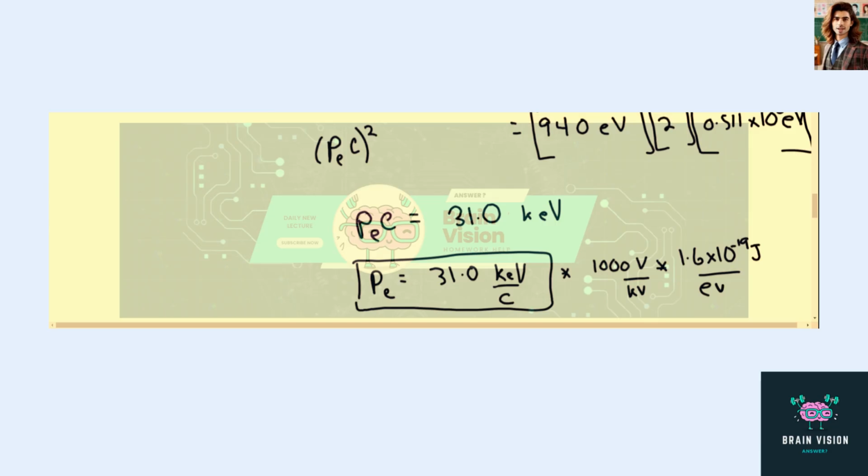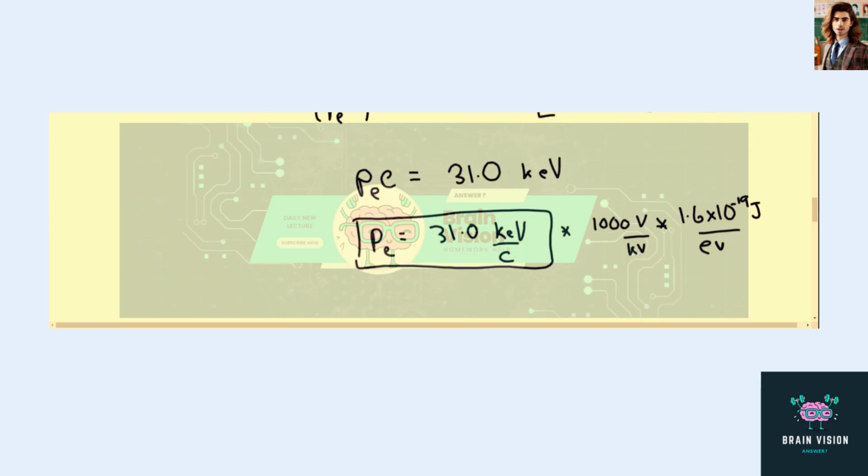Then we could convert c, which is 2.99 times 10 to the 8. Let me do this in a couple steps.